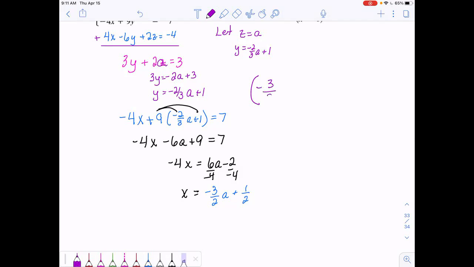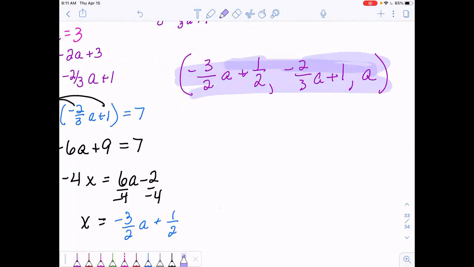So x, Hannah gave us, is negative 3/2 a plus a half. Y is negative 2/3 a plus 1. And then z is just a. So your solution is an ordered triple.